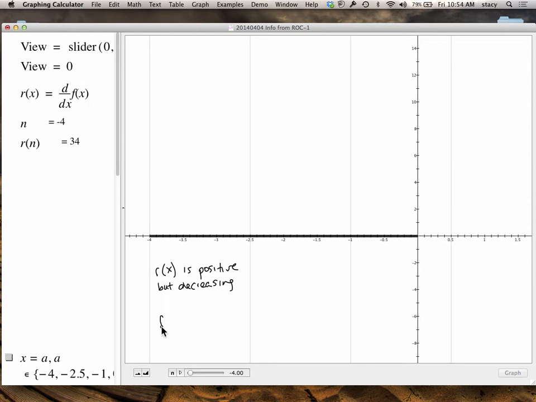What does that mean about the function f? What does it mean to say that the rate is positive for f? Okay, so f is increasing.